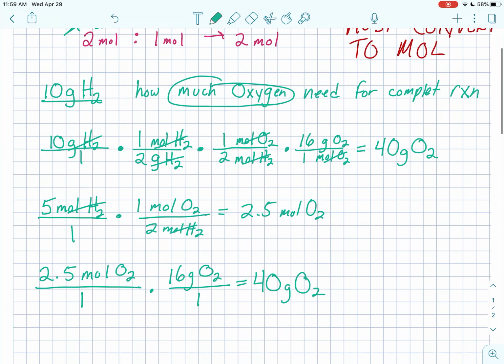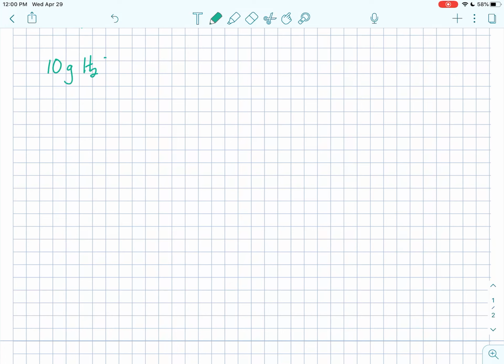So let me say that I have 10 grams of water, and I want to know how many particles of hydrogen are needed or are produced.